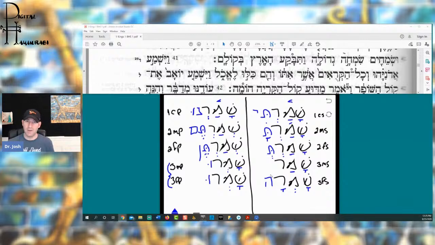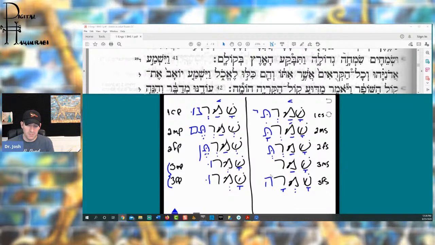Okay, I'm going to read this paragraph quickly just because I think this is useful. The uses of the perfect. Biblical Hebrew does not have tenses in the strict sense of the word. Time of occurrence is indicated in context by certain adverbs or time words, and as we shall see in later lessons, by the way the sentence is constructed.